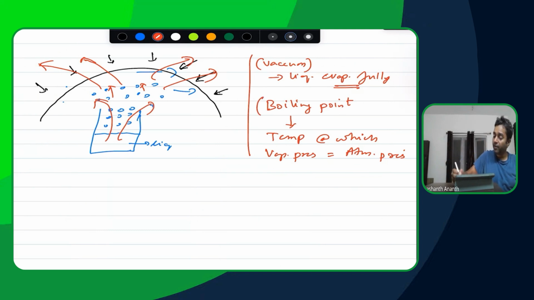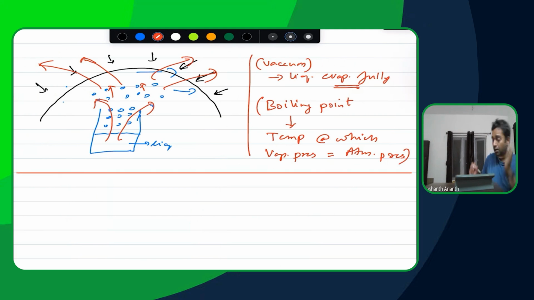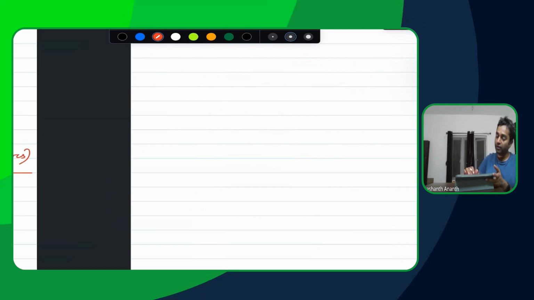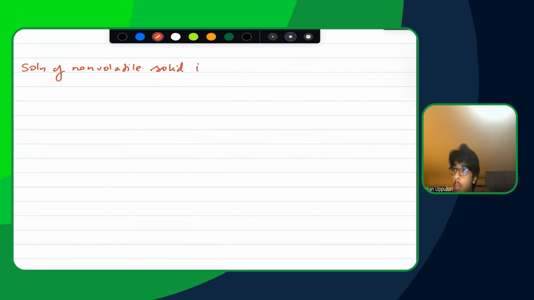So now we will start looking at other solutions. First up, we're going to be considering, let me quickly introduce the next characteristic here by discussing one type of solution. We will first start off with a solution of a non-volatile solid in a volatile liquid.